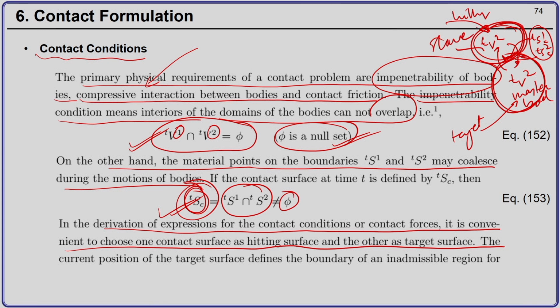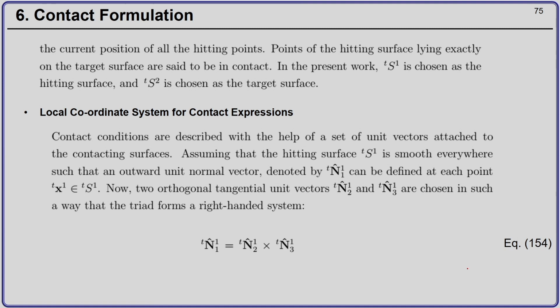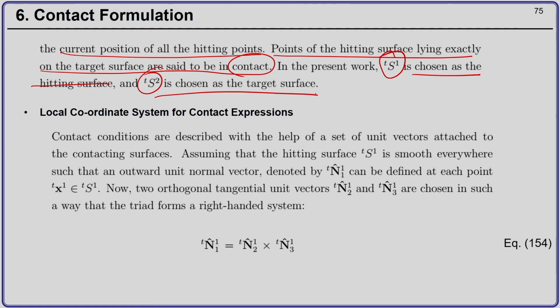And the current position of the target surface defines the boundary of an inadmissible region for the current position of all hitting points. So, the points on the hitting surface lying exactly on the target surface are said to be in contact. So, we can choose body 1 as the hitting surface and body 2 as the target surface.